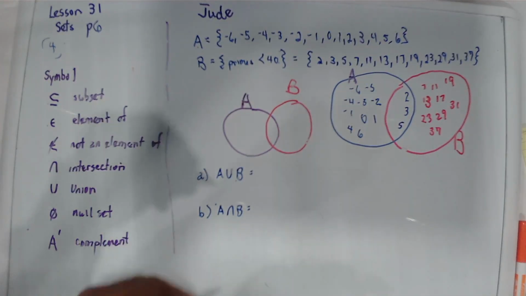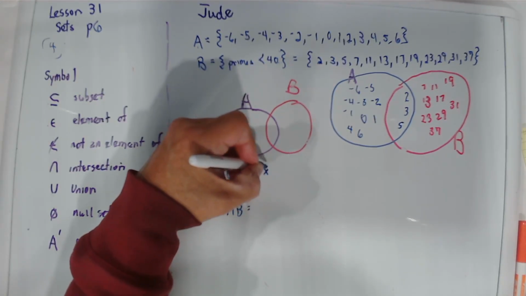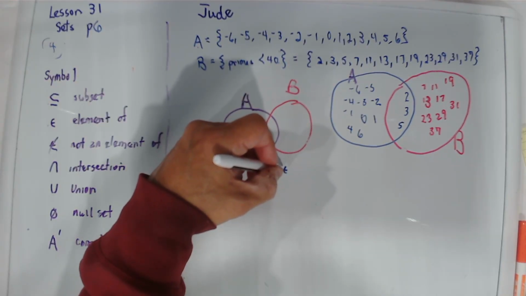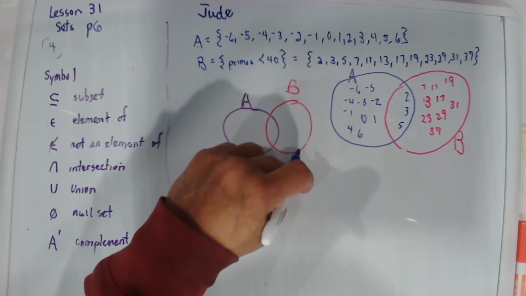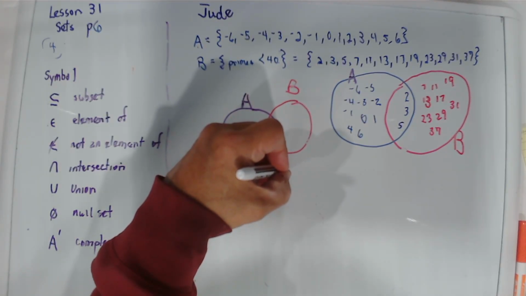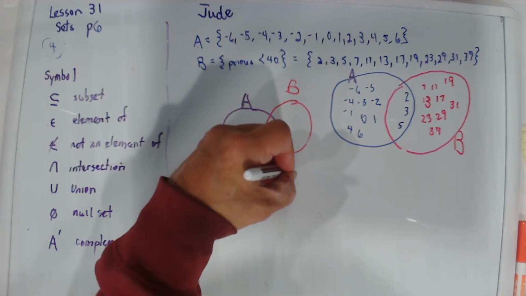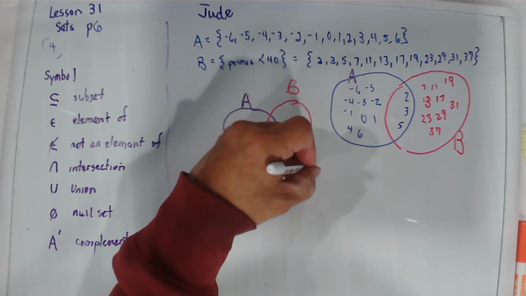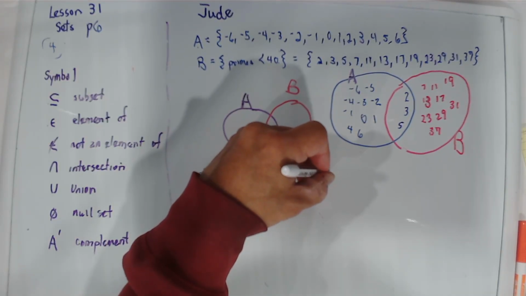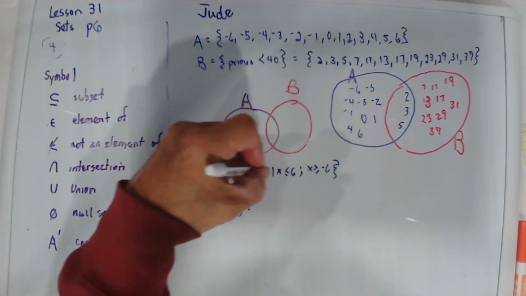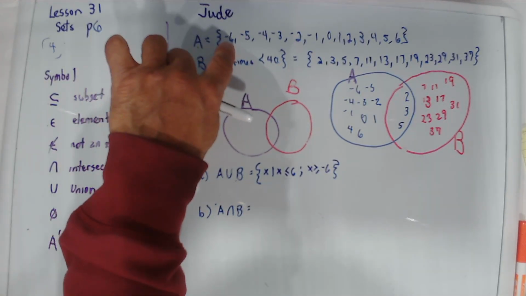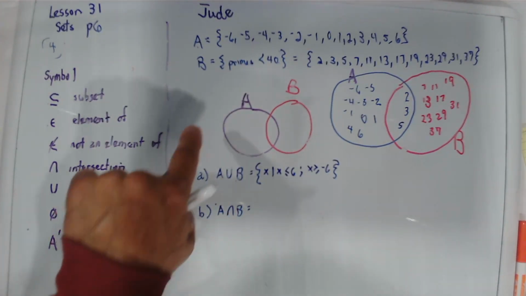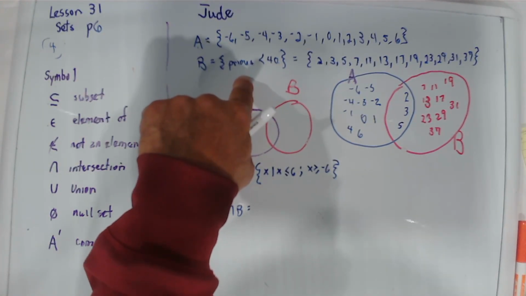So I'm going to draw it as X, such that X is an element of a number, X is less than or equal to 6, and X is greater than or equal to -6. So that's what this represents. So this is a shorter way of saying it. And B is the primes less than 40 is the way that you would do that.